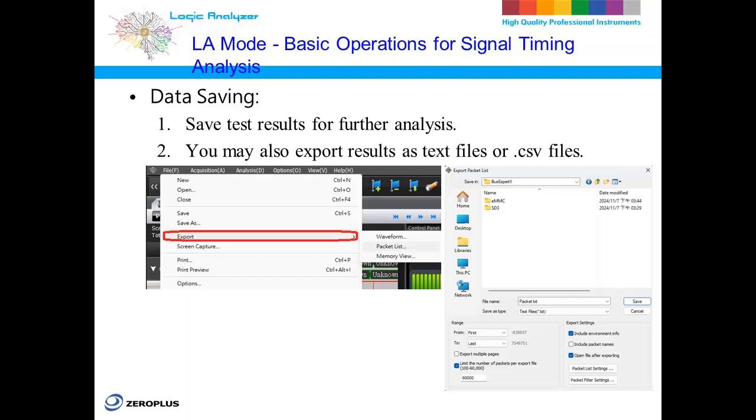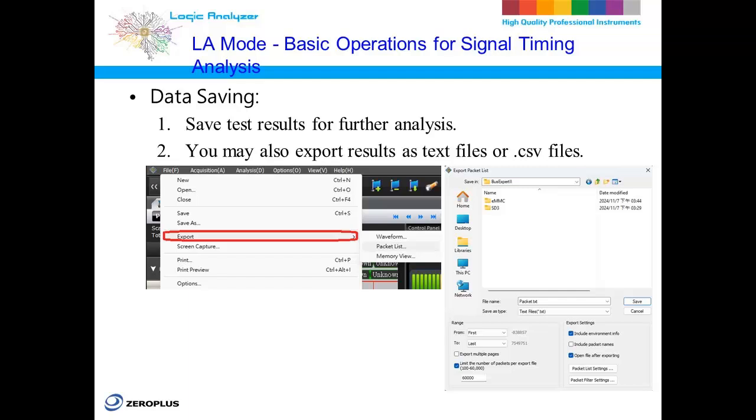From the File drop-down menu, you can choose Export and then select either Waveform Export or Packet List Export. You can set the range to export, whether parameters should be included, and whether to export headers. If you choose to export as a .csv file, you can save the test data in a tabular format, making it easier to process in data analysis tools like Excel.